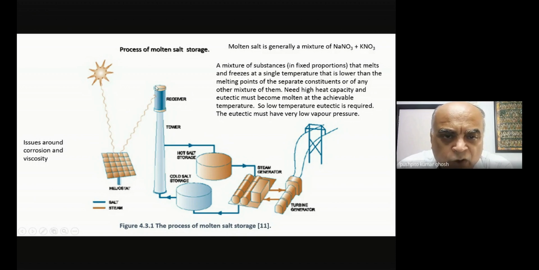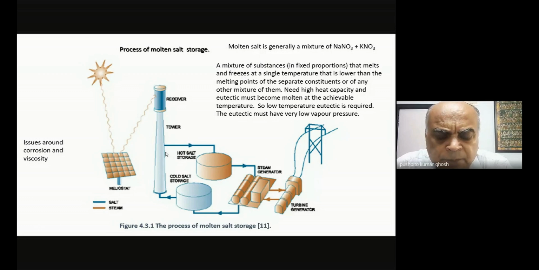This is where you have your solar selective coating, your receiver, and this is what is heating up. What you're doing is pumping some fluid through this, and it comes out heated up, hot fluid.